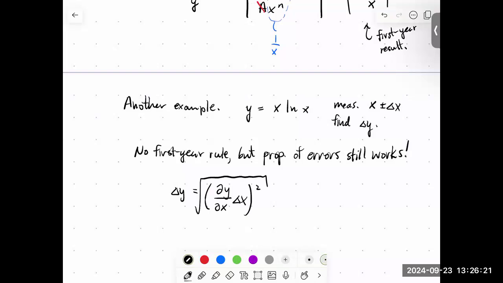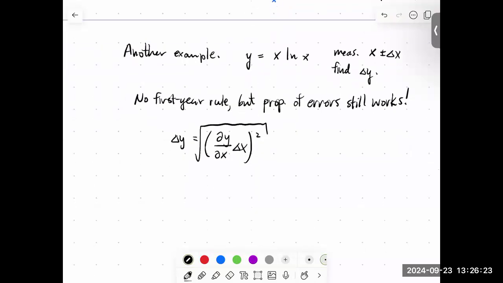So if you had a discontinuity, you'd have a problem. Yeah. So okay. In this case, what we can do right from the beginning is we can say, look, there's only one term, the square root and the square are going to cancel. And so we could just from the beginning say that this is going to be the absolute value of this derivative times delta x.